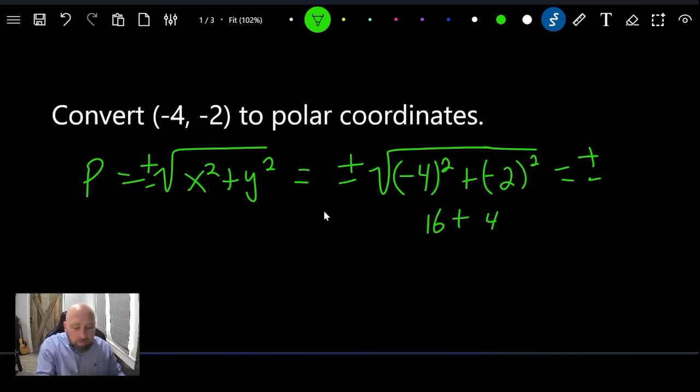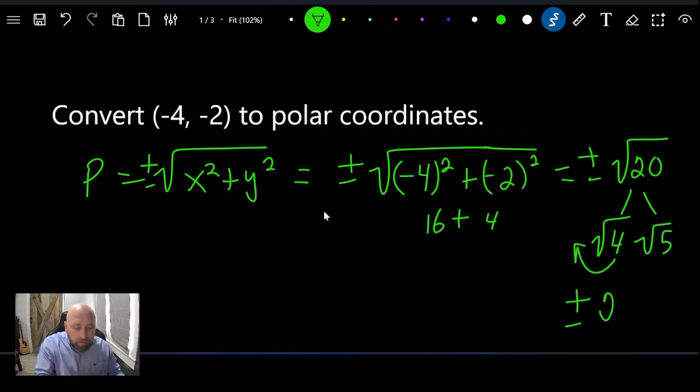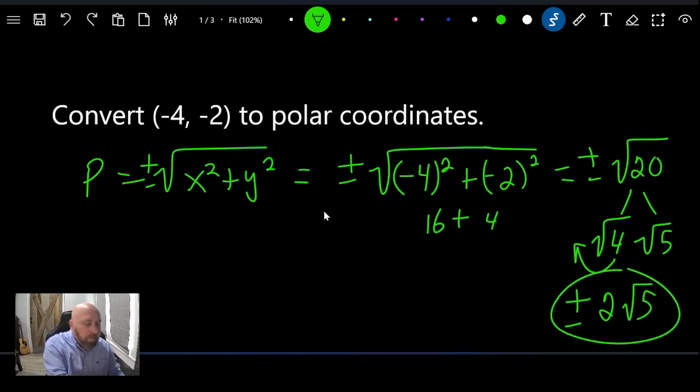So it's going to be plus or minus the square root of 20. We'll break that down, and you get 4 and 5. The 2 comes out, so we have plus or minus 2 square root of 5. And so that would be our rho coordinate. So I'll write it up here: plus or minus 2 square root of 5.